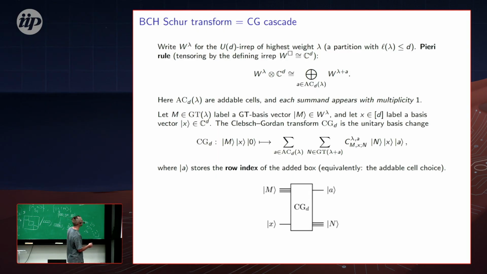And as I was saying, there's an efficient circuit that will achieve this transform, that will map a basis vector of the non-standard irrep, a basis vector of the standard irrep, and an ancilla to a basis vector of the lambda plus A irrep and a box A that encodes path information, so symmetric group information. We will see how to use it. So this is the picture: the lambda irrep, the standard irrep, and here we get lambda plus A.